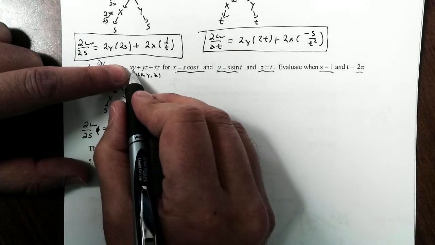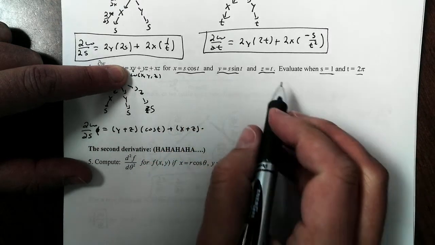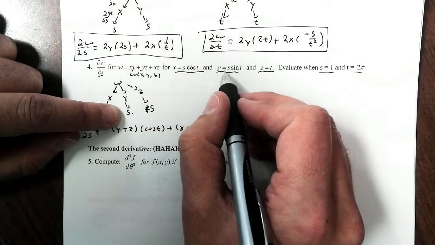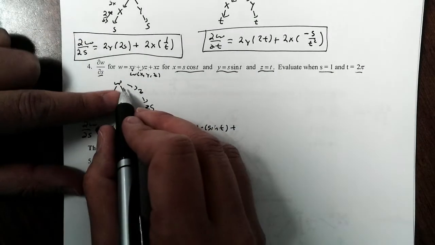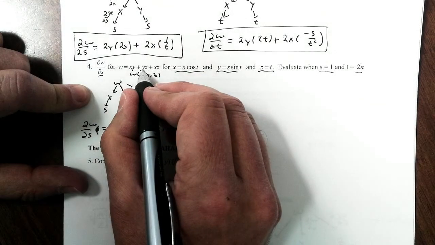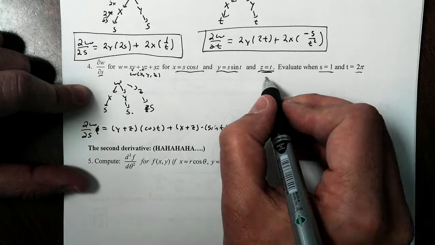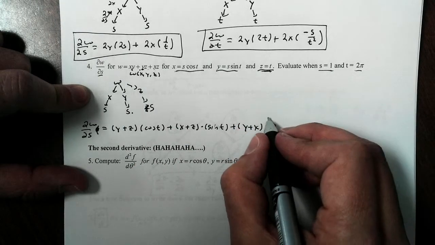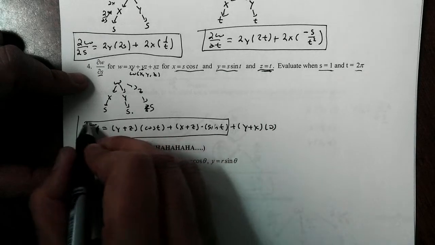And that's going to give me x plus z times, and then we want the derivative of y with respect to s, and that just becomes sine of t, plus the derivative of w with respect to z, and that's going to give me y plus x. Here's the fun part. The derivative of z with respect to s, that's just 0, because it's a constant. T is a constant, right? So that's just 0 right there. So there's our partial right there.